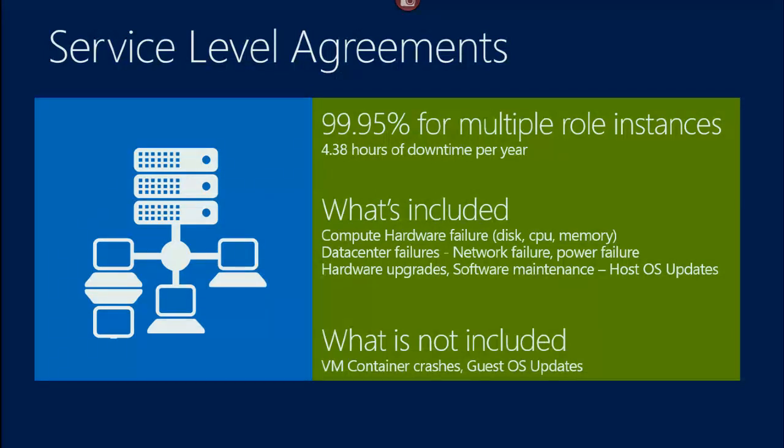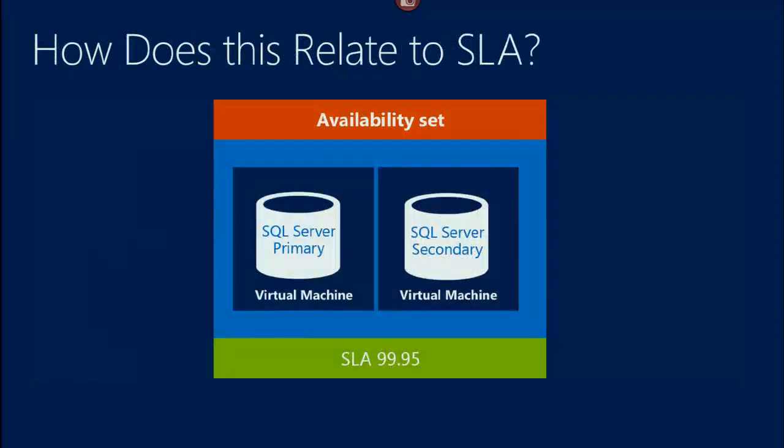We count that as our responsibility as part of that SLA that we've got with you. What's not included, of course, are things that are your responsibility. So whatever you stick inside your VMs, that's your call. You can put stuff in there that just doesn't work or crashes your VMs. We can't do much about that. But everything else is covered by our SLA.